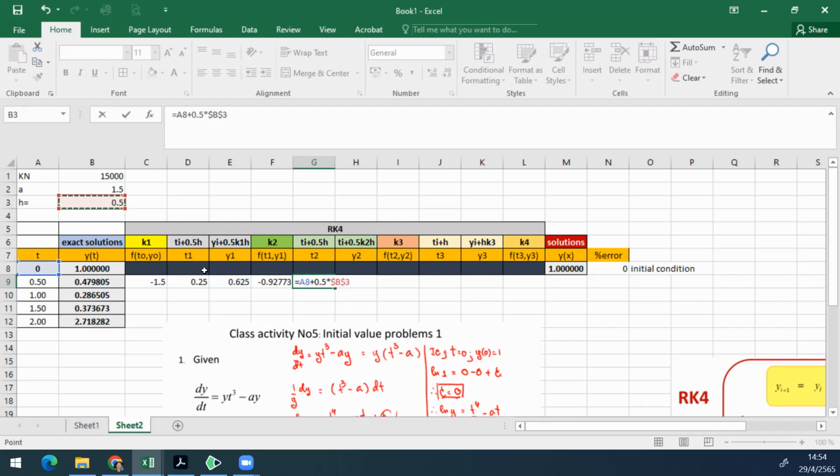And y2, sorry, it should be yi, right? y2 is equal to yi plus 0.5 times K2 times h.